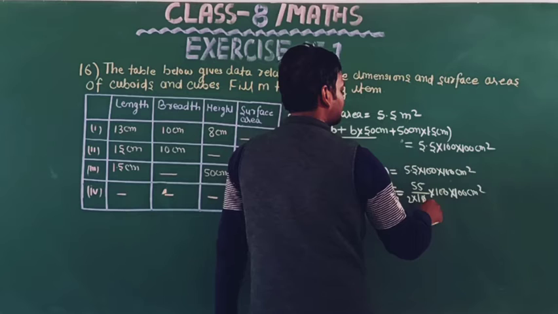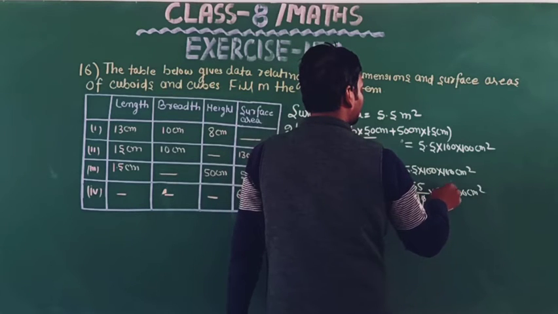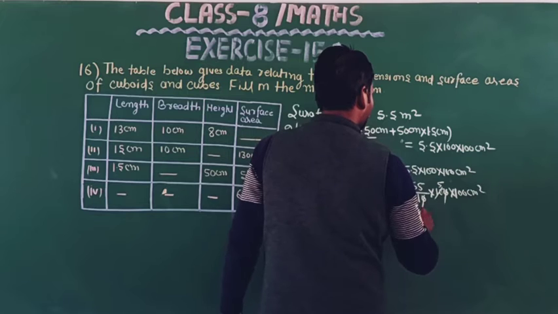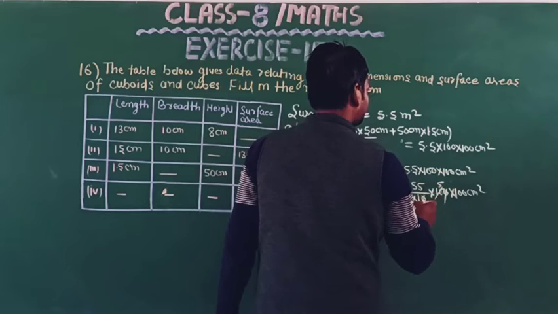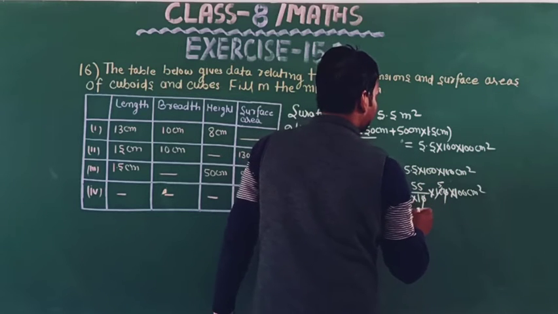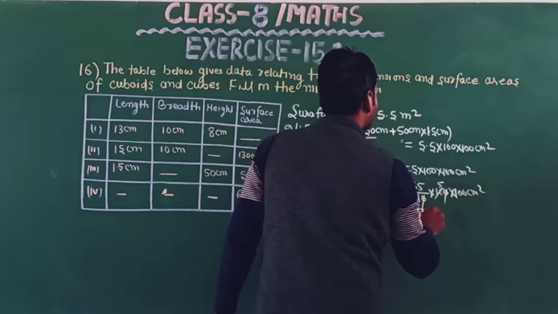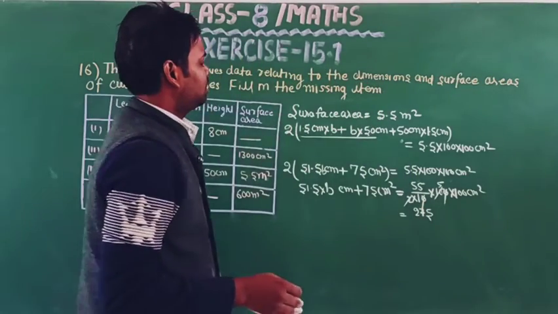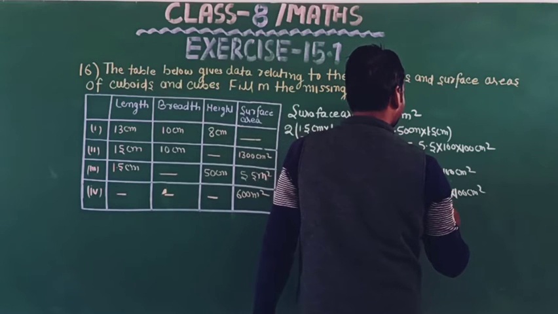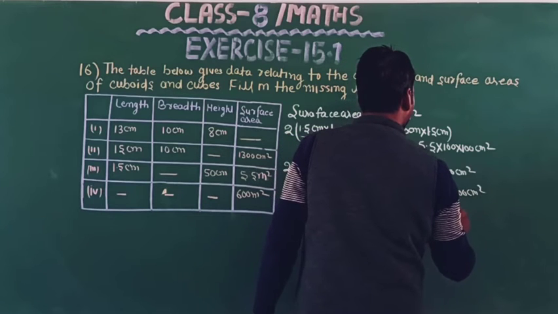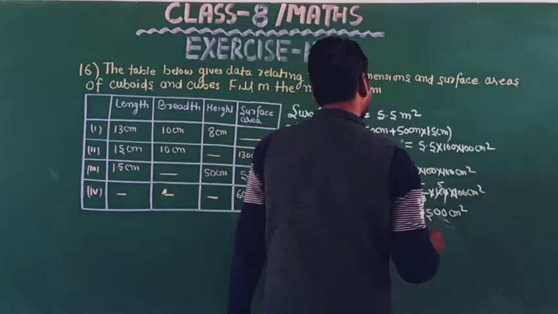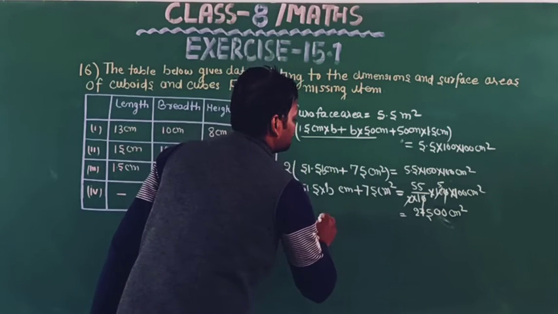So we can cancel 10 and 10, and this is 275 into 100 centimeter square, and again simplify.